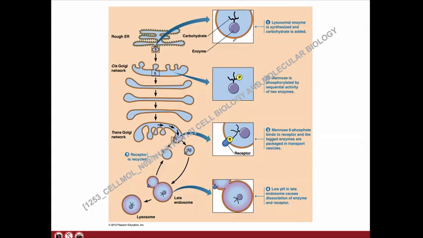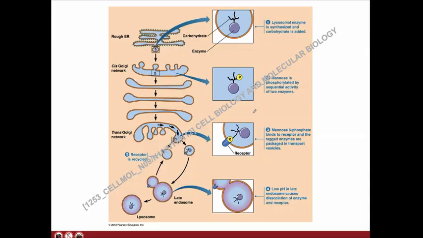Okay. So the hydrolytic enzymes destined for the lysosome are phosphorylated on a mannose residue, and the tagged lysosomal proteins now bind to your mannose 6 phosphate receptor. That's our receptor.